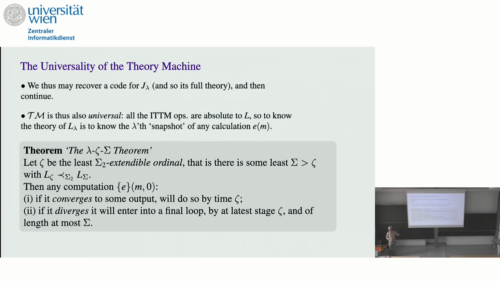There is some gamma, such that for all later deltas, the output tape is the same. And on the other hand, if it's writing garbage and overwriting garbage all the time, then it's going to enter into this kind of loop between zeta and sigma in what it's producing on the tape. This garbage will repeat itself. And that loop has got this length, sigma. And by L sigma plus sigma, the whole process would have repeated.